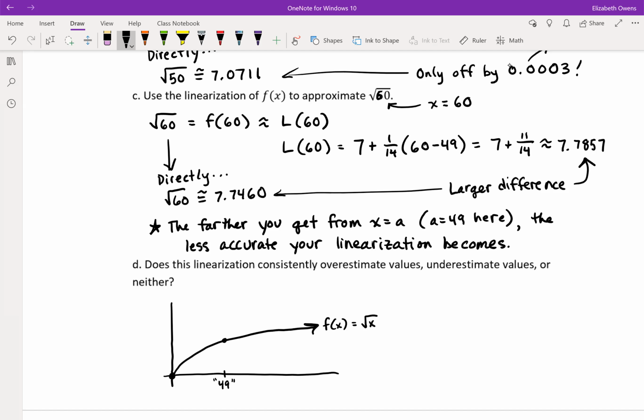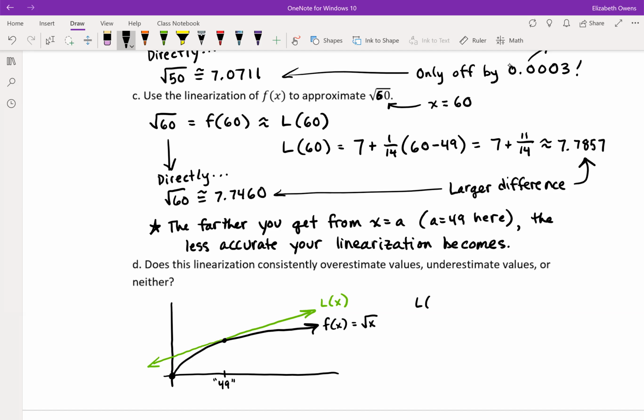And so remember that our linearization is basically referring to the tangent line to that function at that point. So let's sketch in that tangent line. There it is. So there is L of x. And from the graph, we can see there, because of the way that line is tangent to the square root curve, that L of x is consistently larger or having larger y values than f of x does.